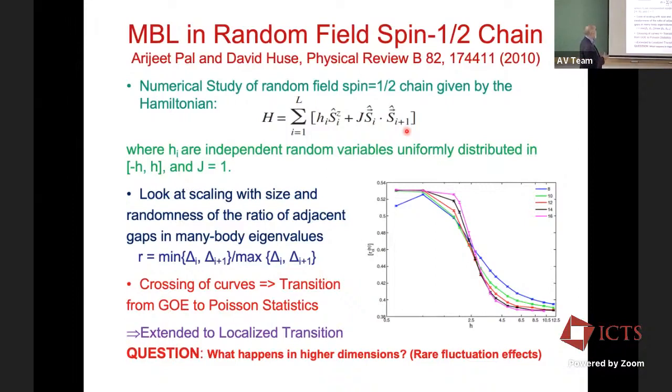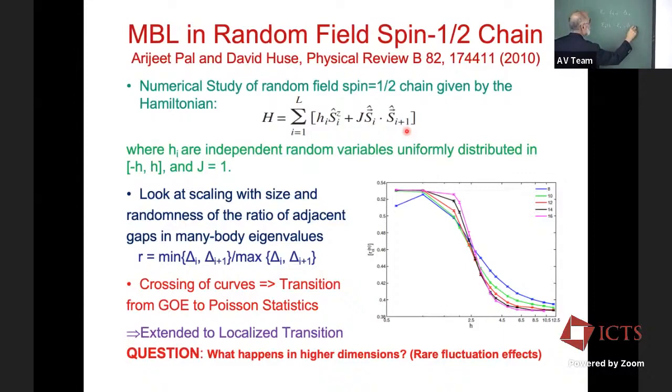And they started looking at the scaling, not of the eigenvalue splitting, but basically they looked at three eigenvalues, two splittings. Okay, if you have eigenvalues epsilon I plus 1, epsilon I, epsilon I minus 1, then epsilon I minus epsilon I minus 1 you call delta I, and epsilon I plus 1 minus epsilon I you call delta I plus 1.